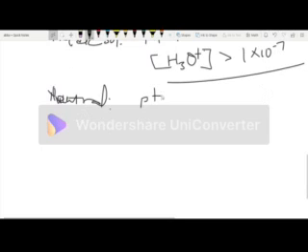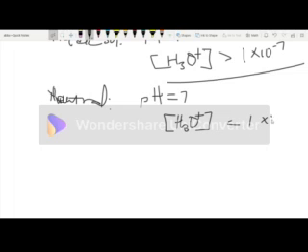Now the pH of the solution is equal to 7. Why is this, right? Because the concentration of the hydronium ion of the solution is equal to 1 times 10 to the exponent negative 7.